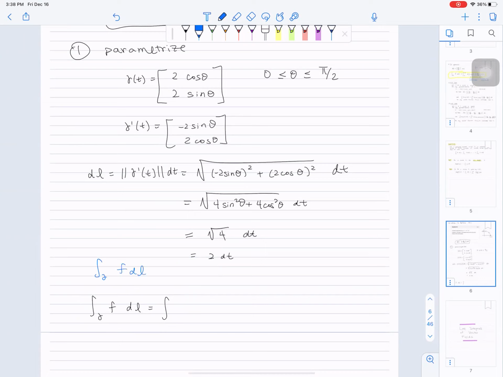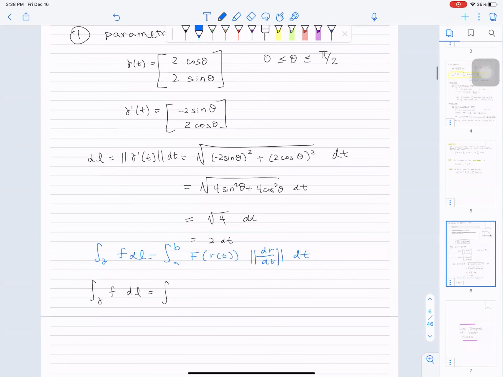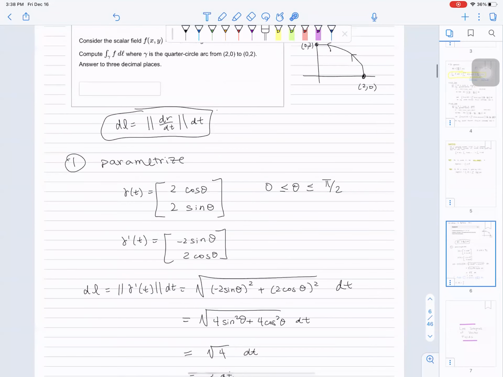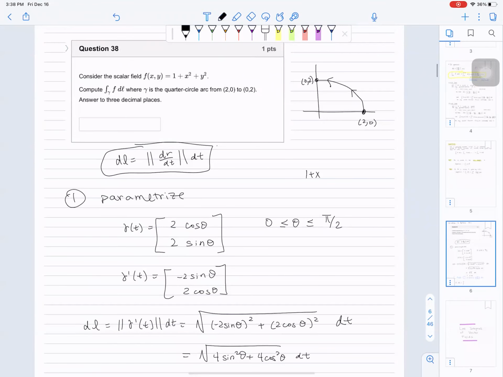The integral of f dl equals the integral from a to b, where we take our function, evaluate it at our parameterization, and multiply it by the length of dr/dt, dt. I called this curve gamma here. So I have my function. What is my function? It's 1 plus x squared plus y squared.